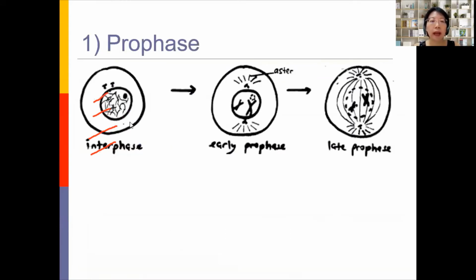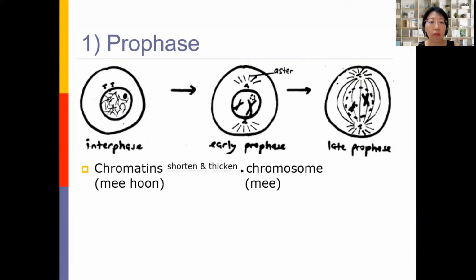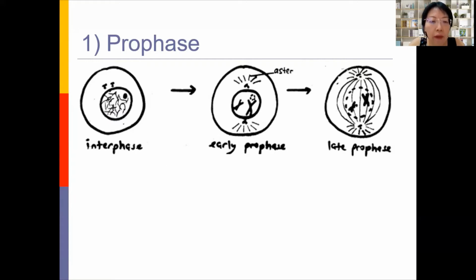Okay, so these are the 3 cells that you need to draw into your notes. I have drawn the circle for you, so you need to fill in the blanks inside to illustrate what happens to the cell during prophase. First, look at interphase. Interphase looks like the face of a person, right?